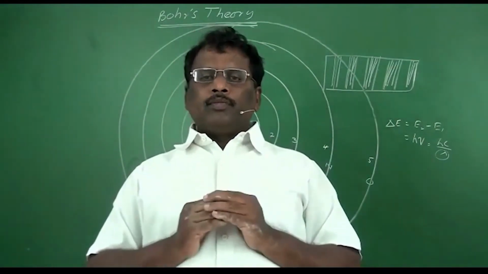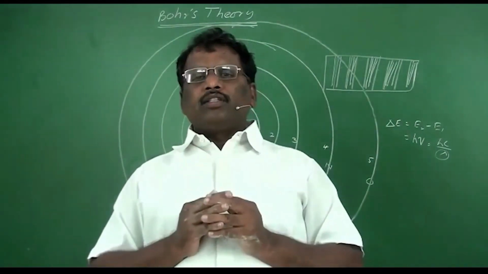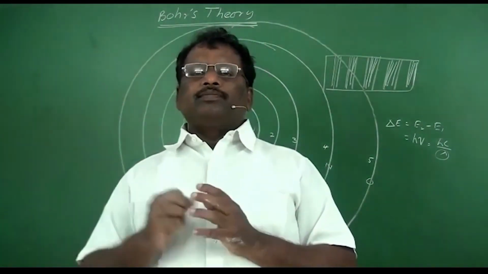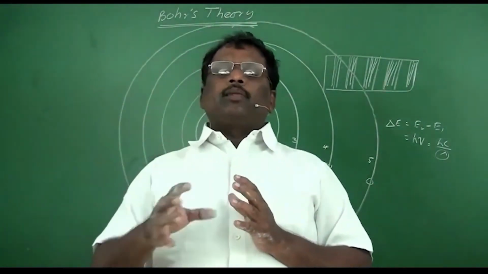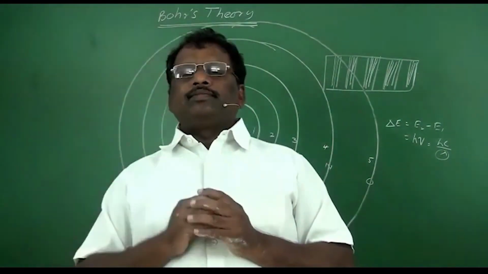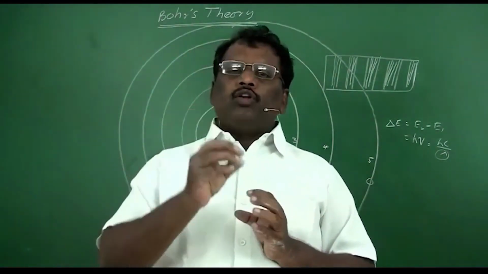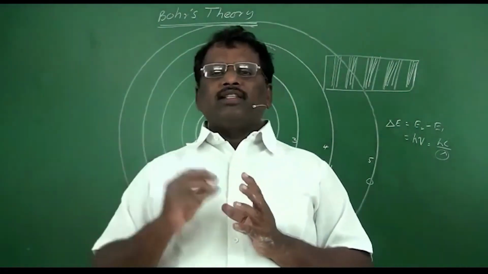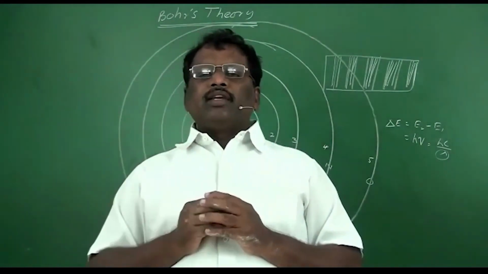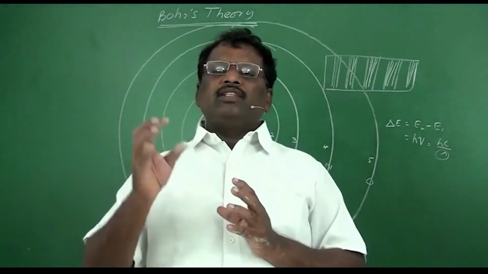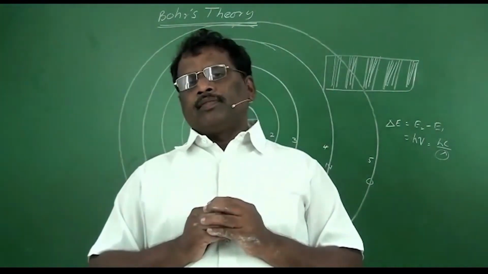Each orbit, due to the quantization of energy, will have a specific amount of energy. That's why these orbits are called energy levels. As long as electrons revolve in these energy levels, electrons will neither lose energy nor gain energy. That's why they are called stationary energy levels.